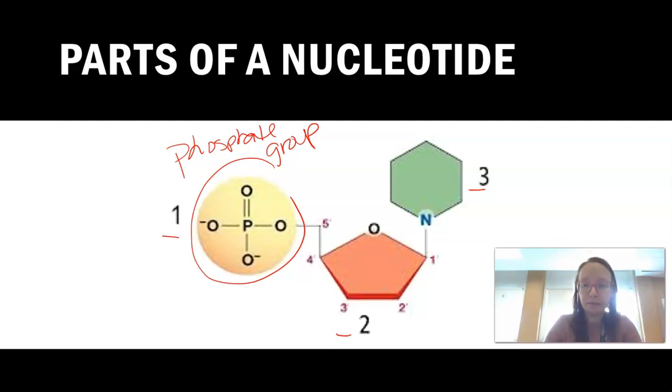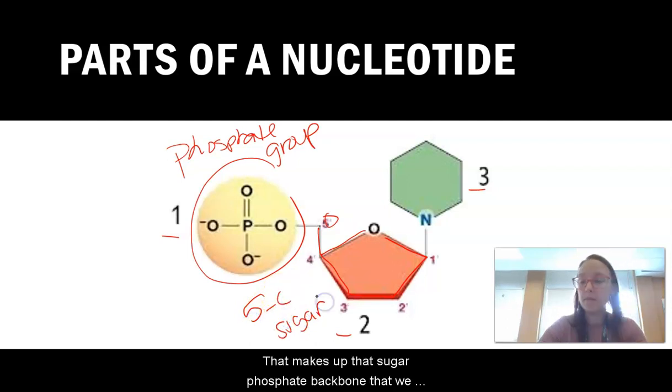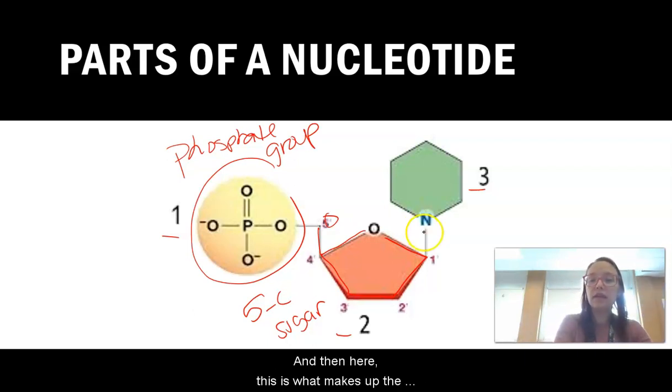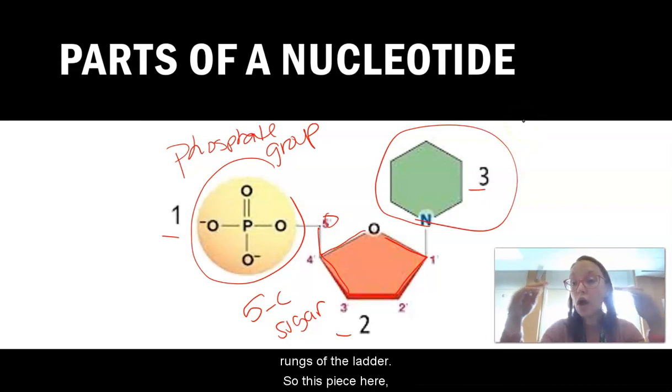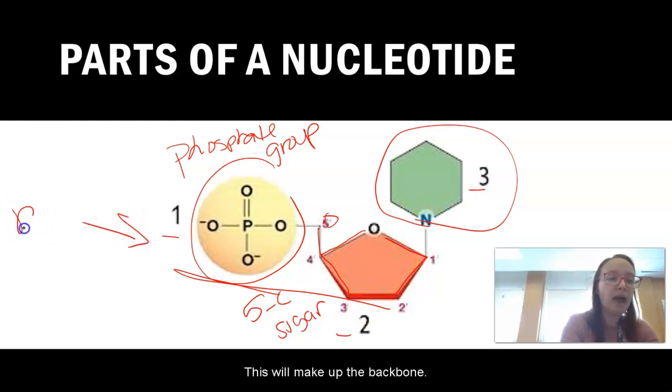That's our phosphate group. And then right here is a 5-carbon sugar that makes up that sugar phosphate backbone that we just talked about. And then here, this is what makes up the rungs of the ladder. So this piece here, the phosphate and the sugar, this will make up that backbone.